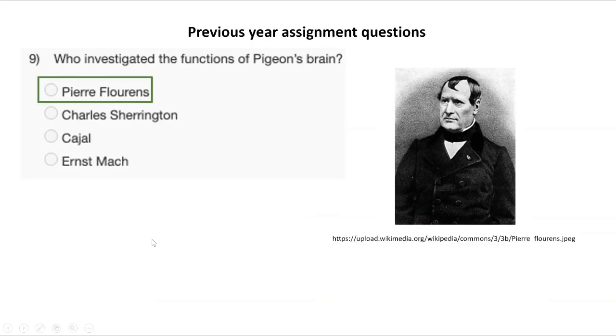Next question. Who investigated the functions of the pigeon brain? Pierre Flourens.